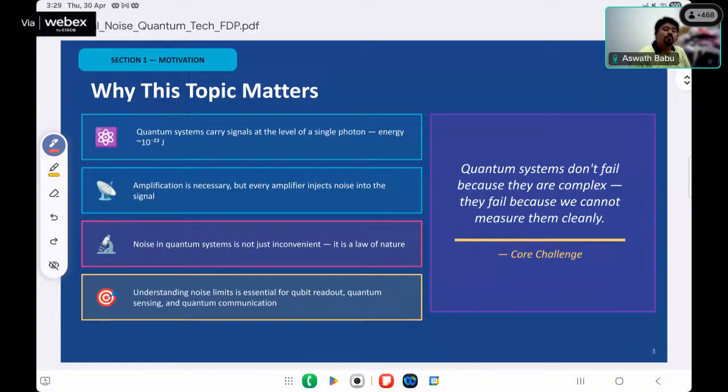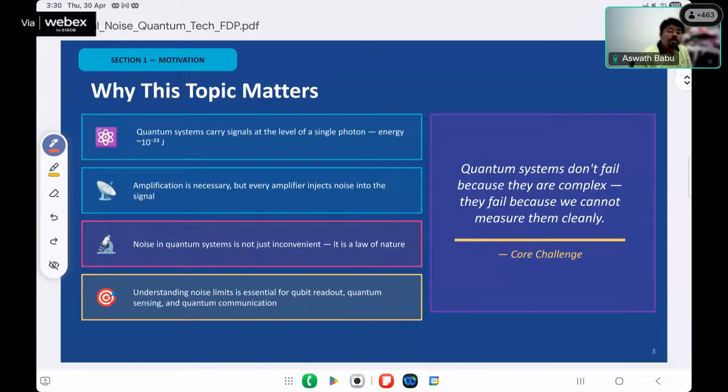What it says is quantum systems don't fail. Remember, they don't fail because they are very complex, but they fail because we cannot measure them cleanly. Quantum systems are by nature so delicate that we cannot measure them. When we start measuring, it becomes classical.